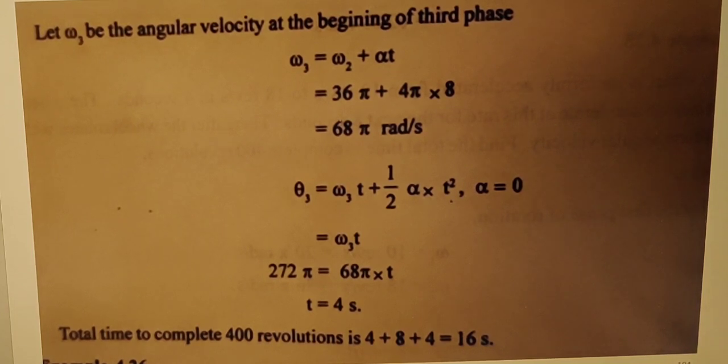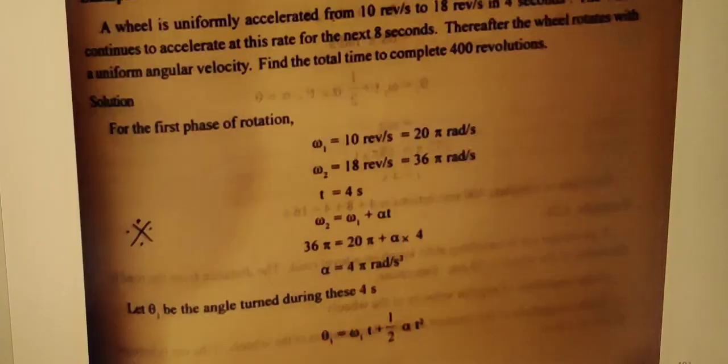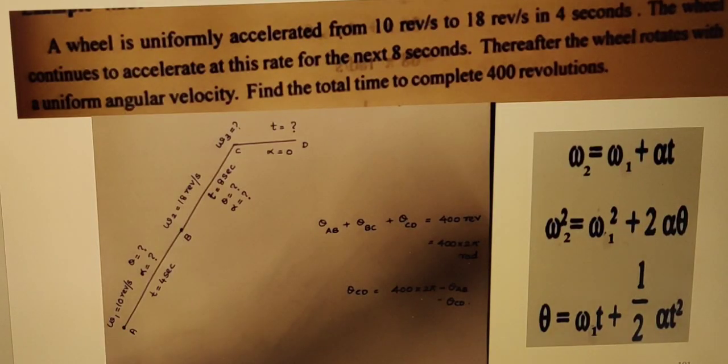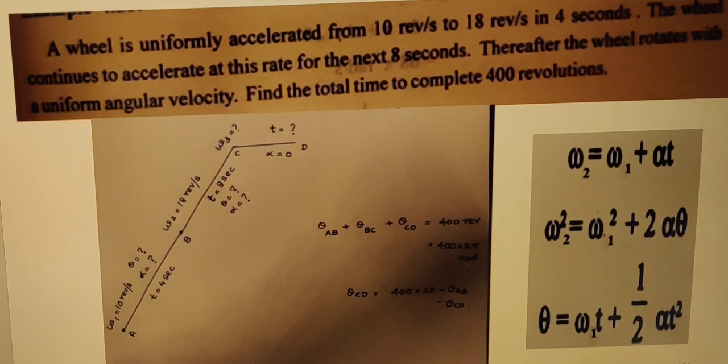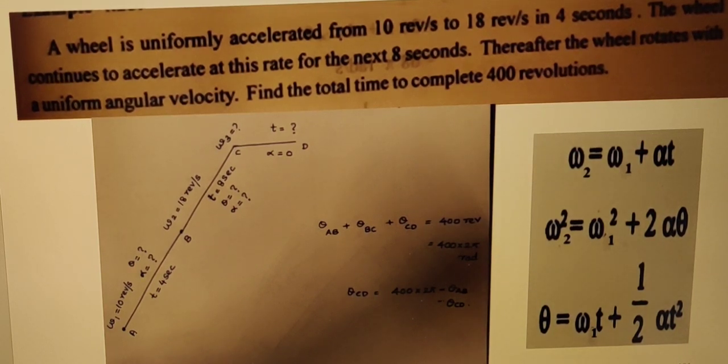Now you have to calculate the total time to complete 400 revolutions. Here we have assumed omega 3 as the velocity in the third phase, that is at point C. At the initial position of the third phase, we are assuming omega 3 as the velocity.